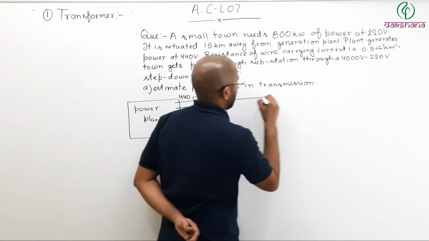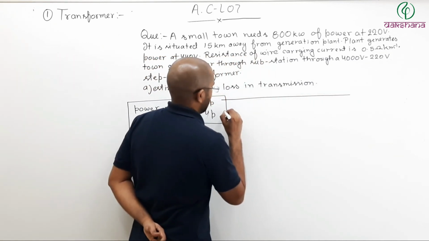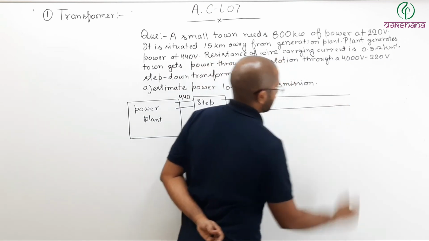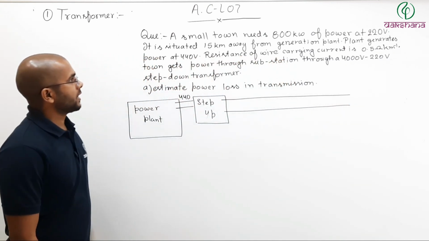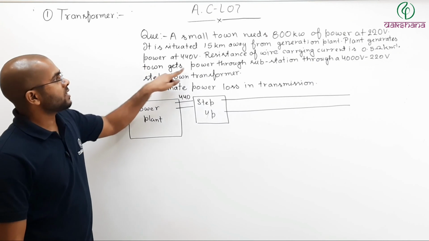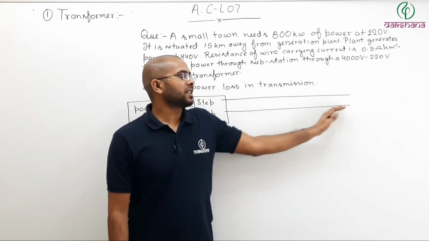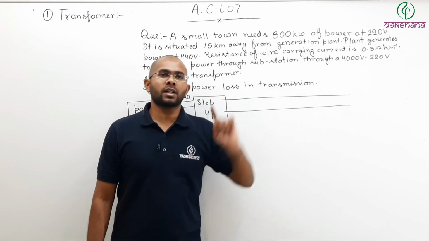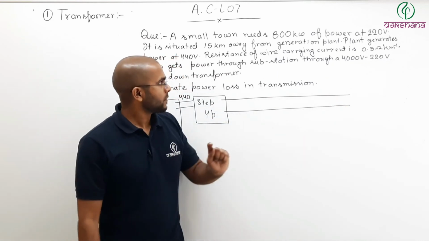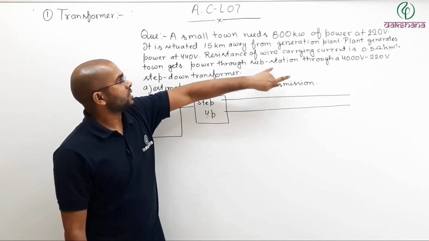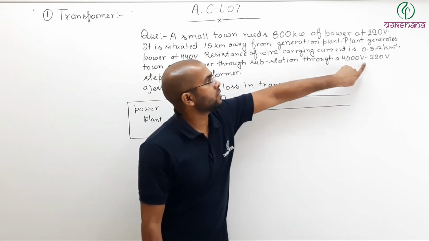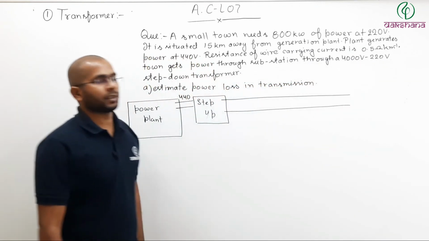And it is given the town gets power through a substation. So you are transmitting at a very high voltage. Why you are transmitting at high voltage, we will see. So very high voltage to the substation, then 4000 volt, 220 volt.